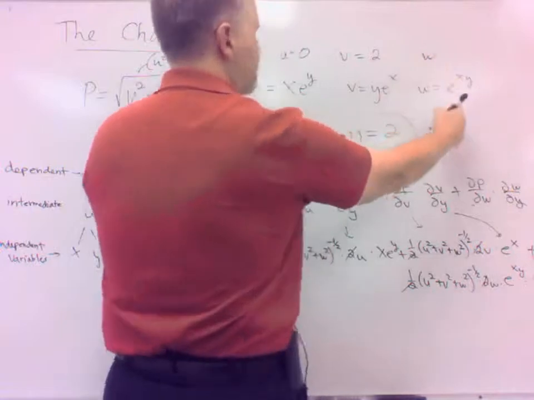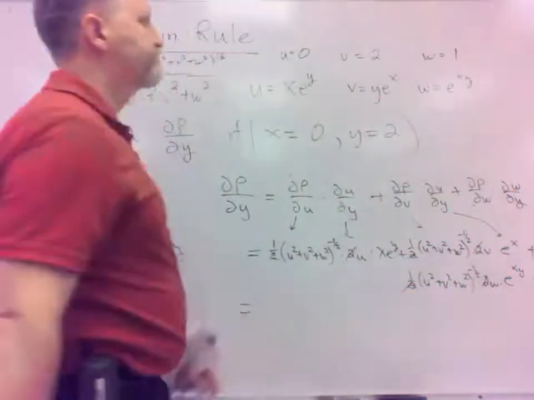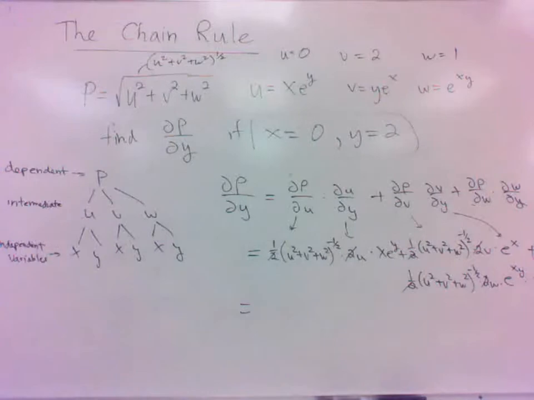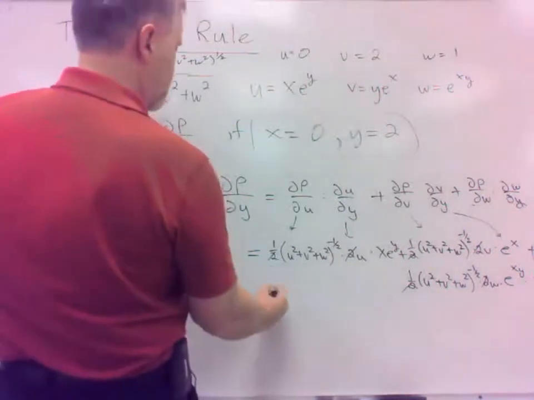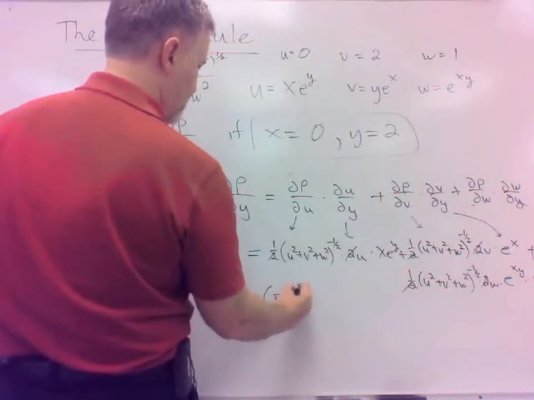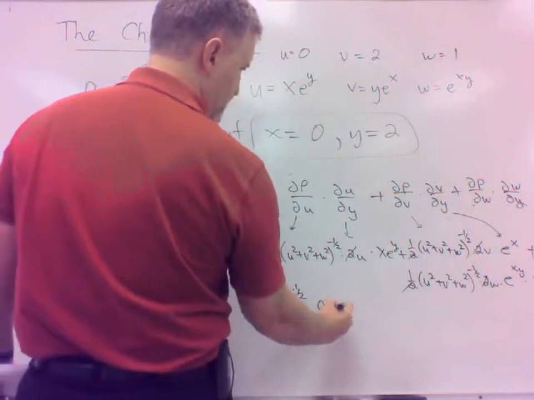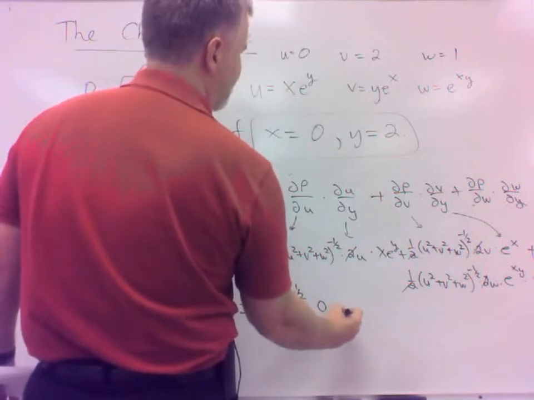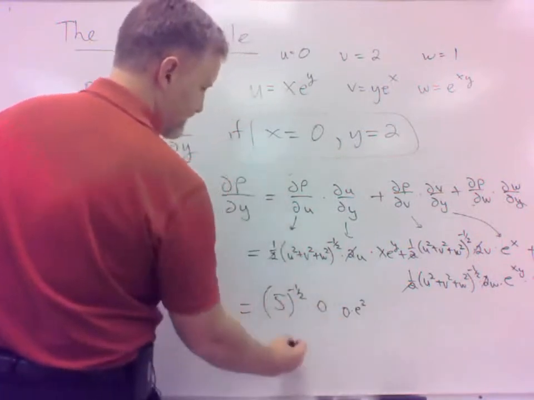And w would be e to the 0, so that would be 1. So that would make this 0 squared plus 4 plus 1, so that would be 5 to the negative a half times u, which is 0. Oh, didn't even need that, because all these are zeros.